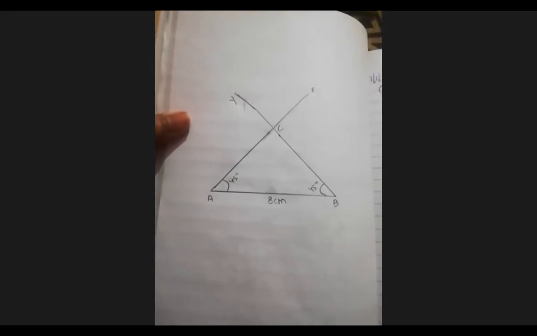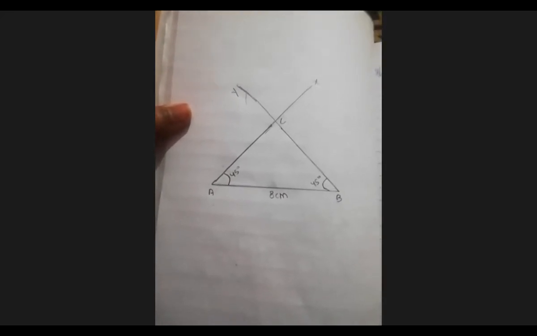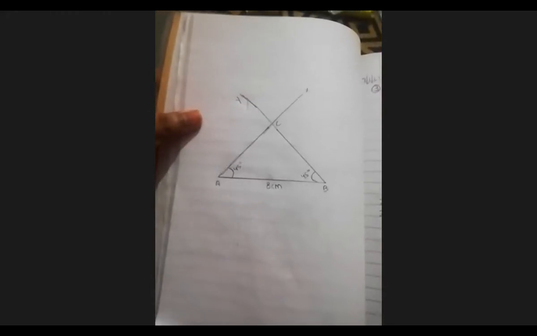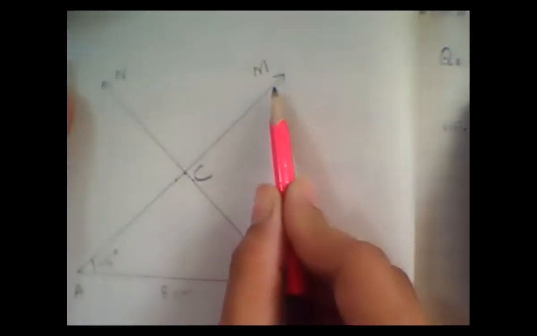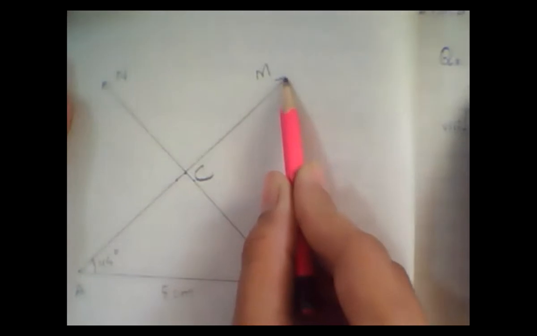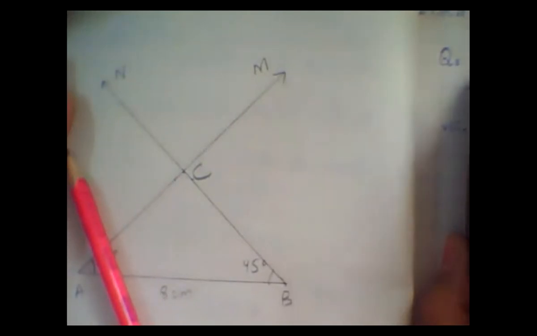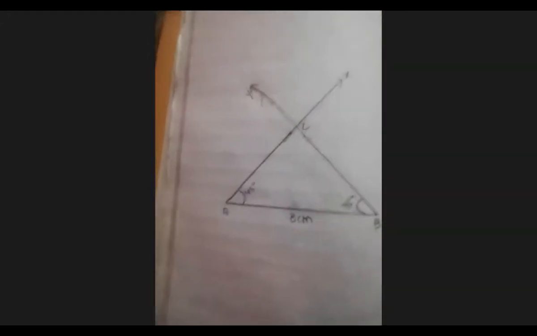Acha, one thing, Ramla, let me tell you your correction. Ramla, beta, this is a ray. So here make an arrow over here. Okay, Ramla, these are the rays, so you have to make arrows. Now Ramla's copy is on the screen. And one more thing, Ramla, always write capital letters.